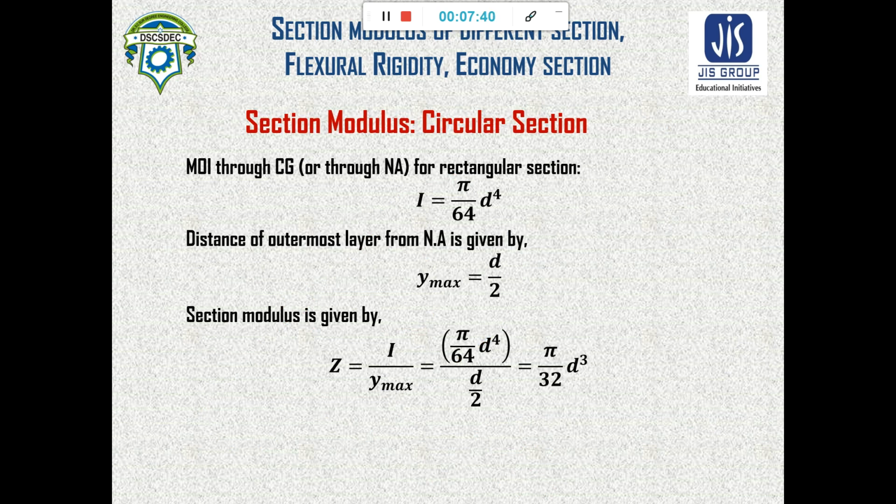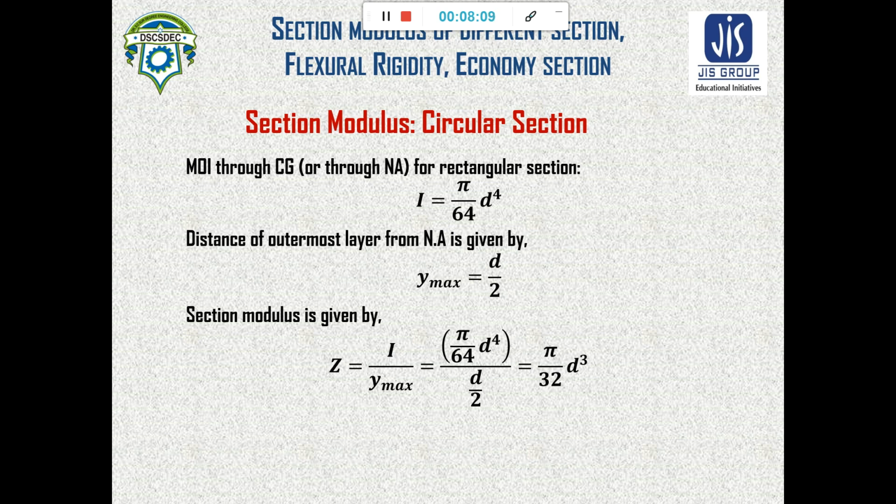Now section modulus for a circular section can be found in a similar manner. So for a circle also, first we have to calculate the moment of inertia about center of gravity, or moment of inertia about neutral axis. And this moment of inertia, for a circle, is always pi by 64 d to the power 4.